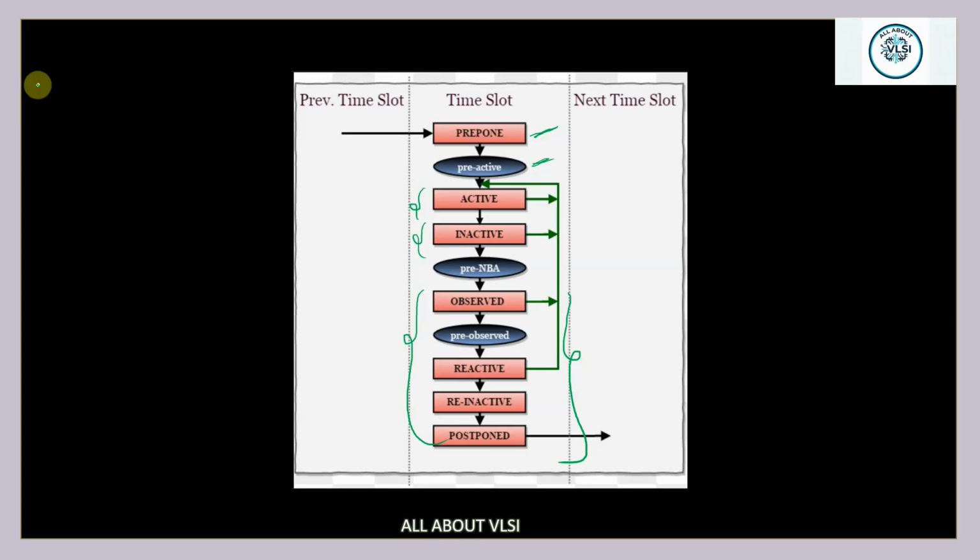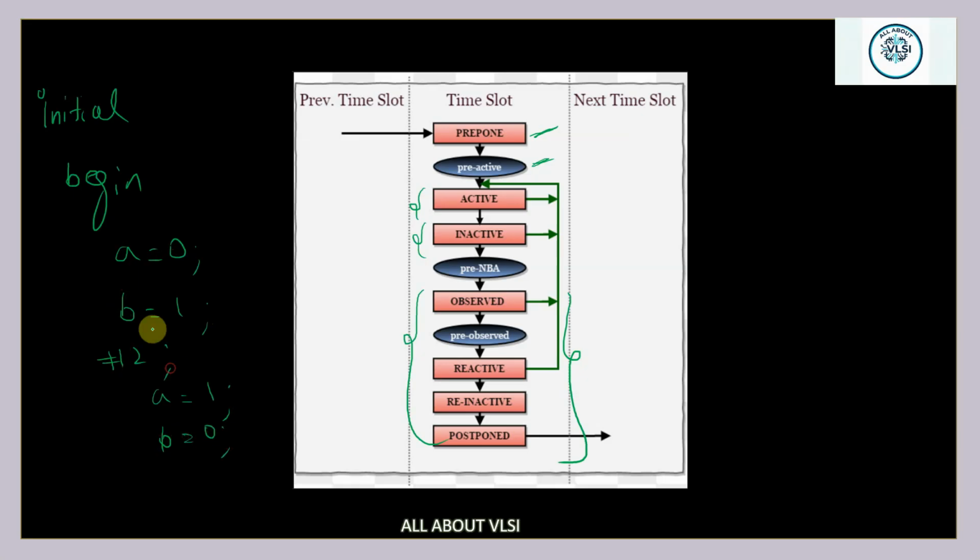For example, if I have a simple initial block, initial begin, A is equal to 0 and B is equal to 1, then hash 2, A is equal to 1 and B is equal to 0. For the first time slot, one event will be created, and for the next time slot, another event will be created. Like this, for each and every time slot, an event will be created.